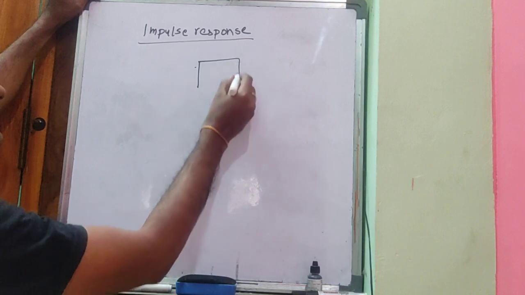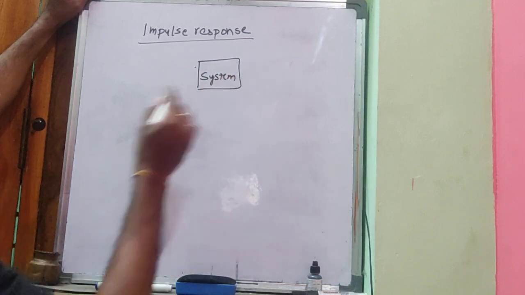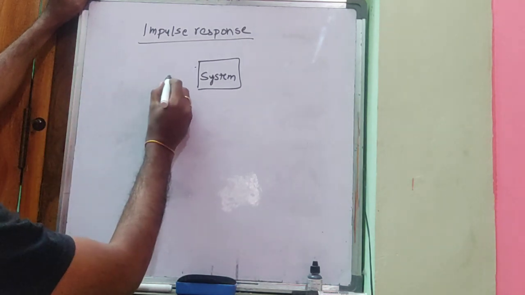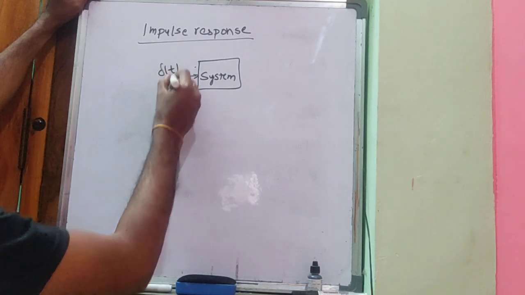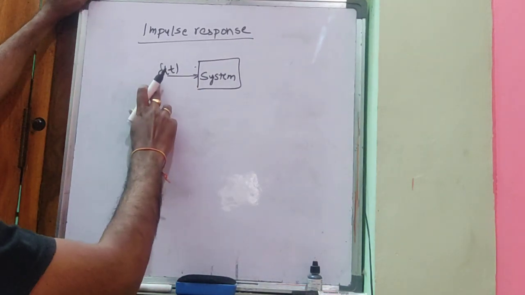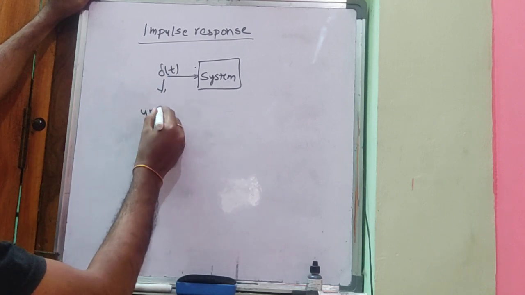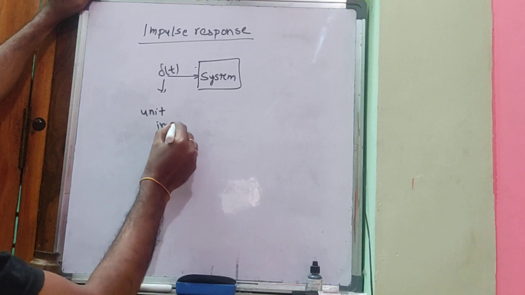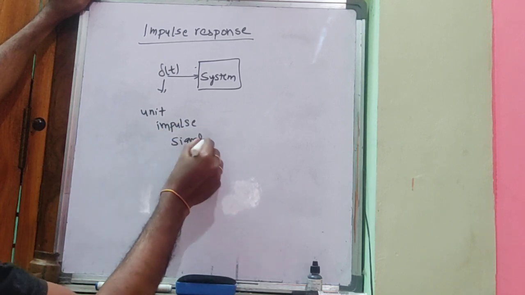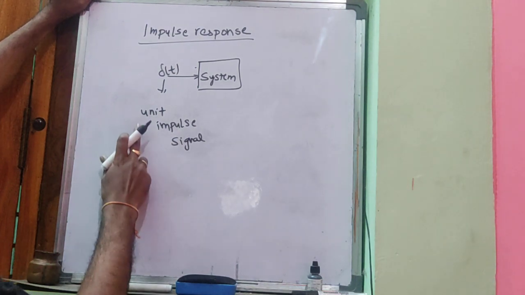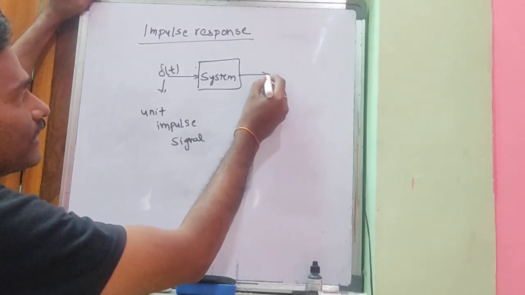Let us consider a system. When the input is the unit impulse signal, and you are already familiar with the standard signals, so delta of t, this is the unit impulse signal, I am going to get some output.